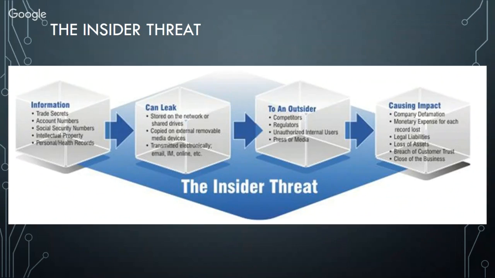They give it to a competitor, they give it to the media, and the impact could be a myriad of things, with our worst one being either closing the business, or maybe the company was doing something bad, and there is some kind of criminal punishment that happens. So all those things must be taken into consideration.